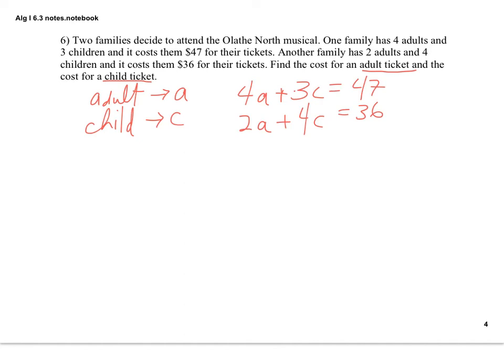What I need to do is multiply this second one by a -2. Okay, so when I do that, I end up with a -4A plus, it's not going to be a plus, it's going to be a minus 8C.